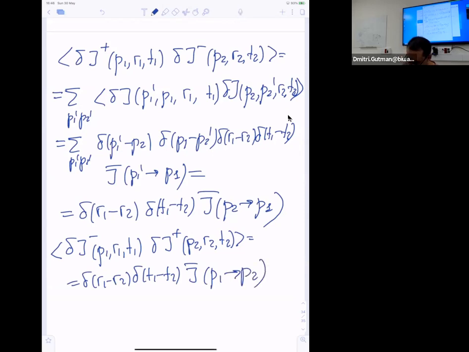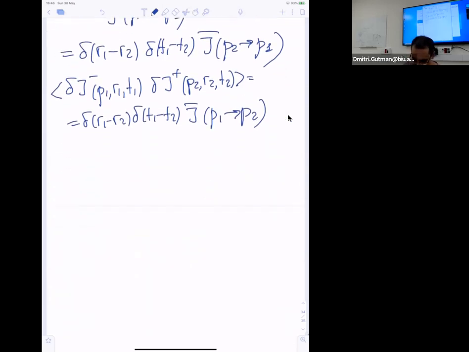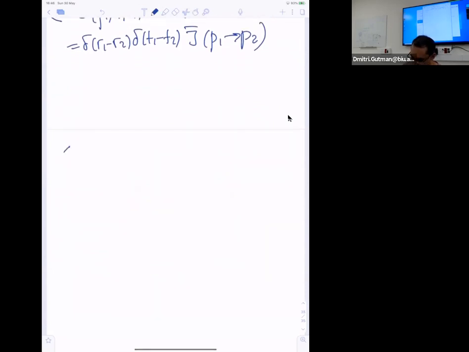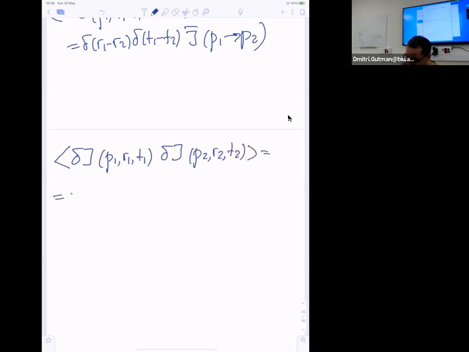So now I have the correlation function of delta J plus and delta J minus. I can go back and substitute it into the expression and get that delta J at the point P1 R1 T1, delta J P2 R2 T2, is equal to the following. All terms have a delta function in space. All terms have a delta function in time.